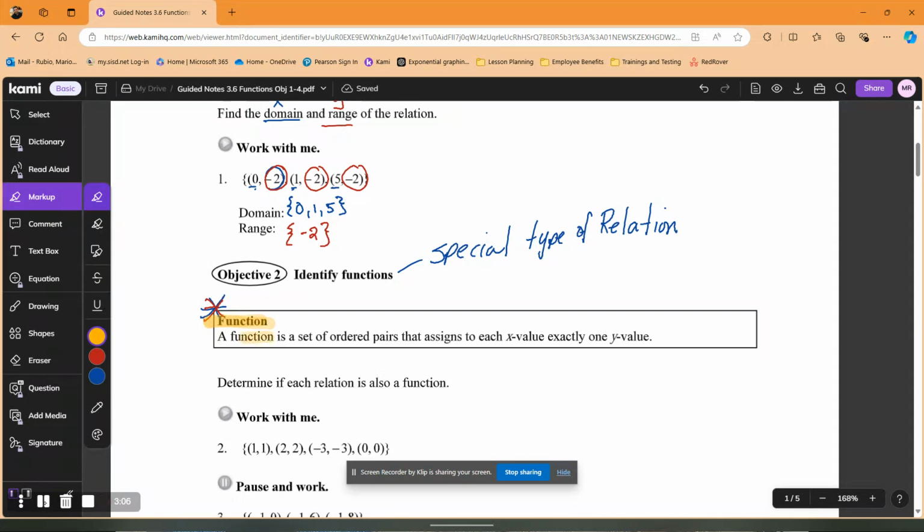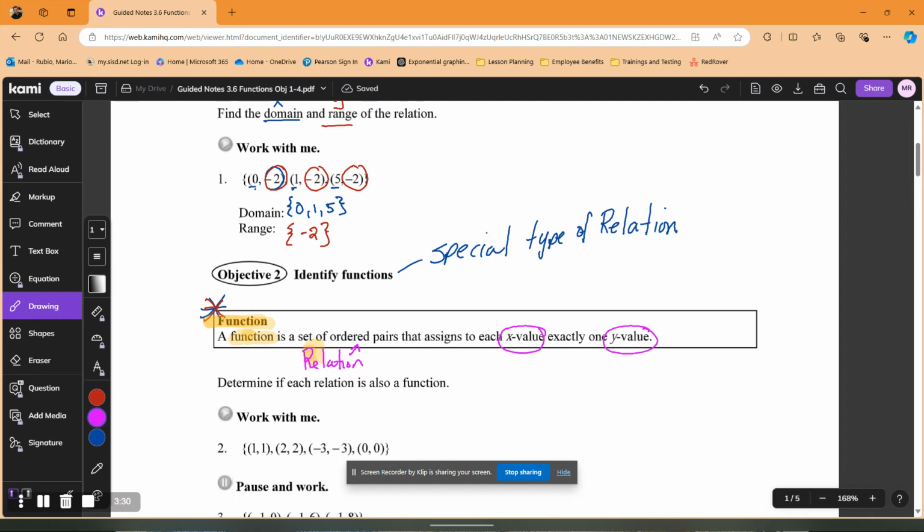A function is a set of ordered pairs. Remember, a set of ordered pairs is just a relation. That assigns exactly one y for exactly one x. So that means for every x, there's a y, and x's don't repeat.